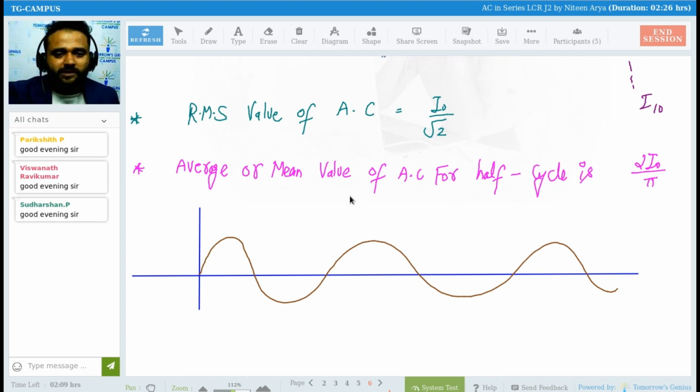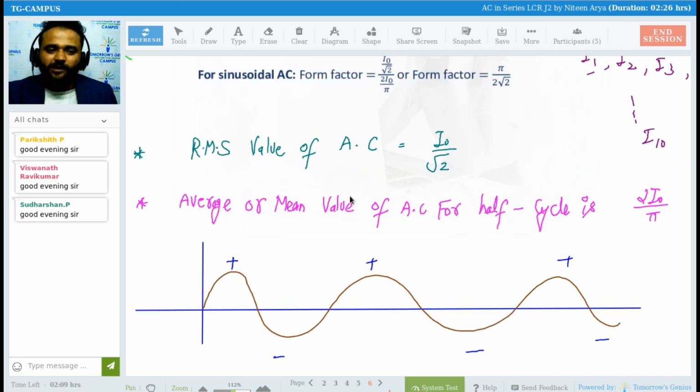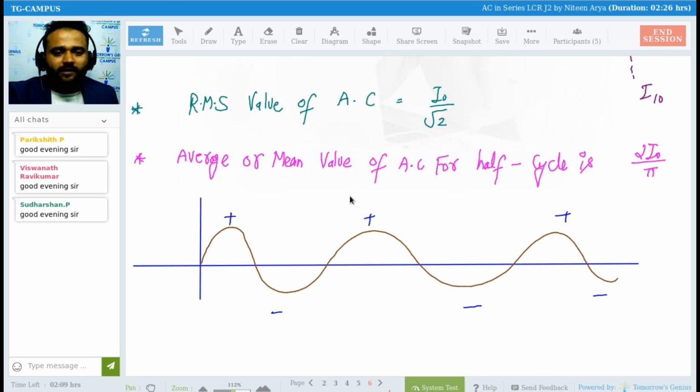And what is the need? What is the basic thing? Because the moment I do the root, this is my positive cycle, this is my negative cycle, positive, negative, positive, negative. Even the negative cycle is going to give me the positive magnitude. So I don't need to worry about the magnitude at that particular moment. Suppose at 3 second my instantaneous value of current is this one.